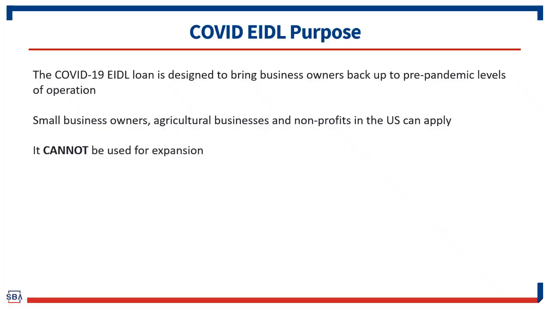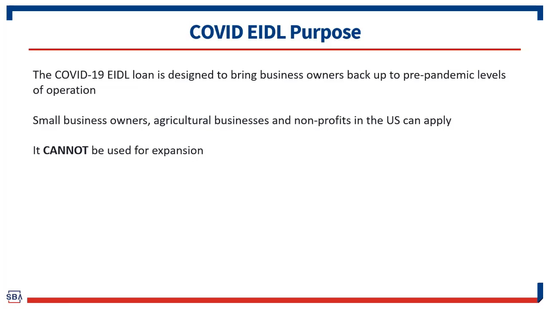Just to get started, the overall purpose of the COVID Economic Injury Disaster Loan Program is to bring business owners back up to pre-pandemic levels of operation. This program is designed to provide working capital so that small business owners can not only keep their doors open, but also keep their people paid and keep inventory replenished.